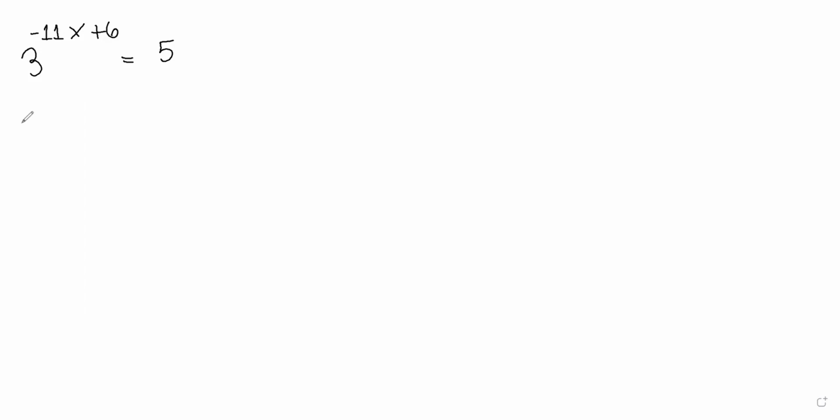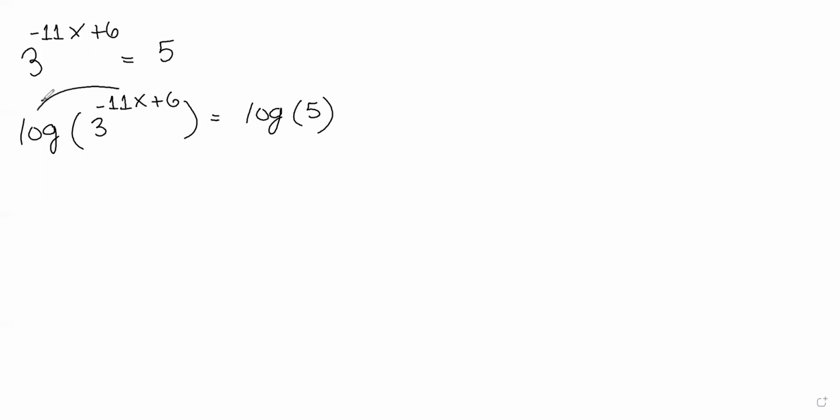So we begin by taking the common log of both sides. So log of 3 to the negative 11x plus 6 equals log 5. Next, the purpose of a logarithm is to solve for an unknown exponent.